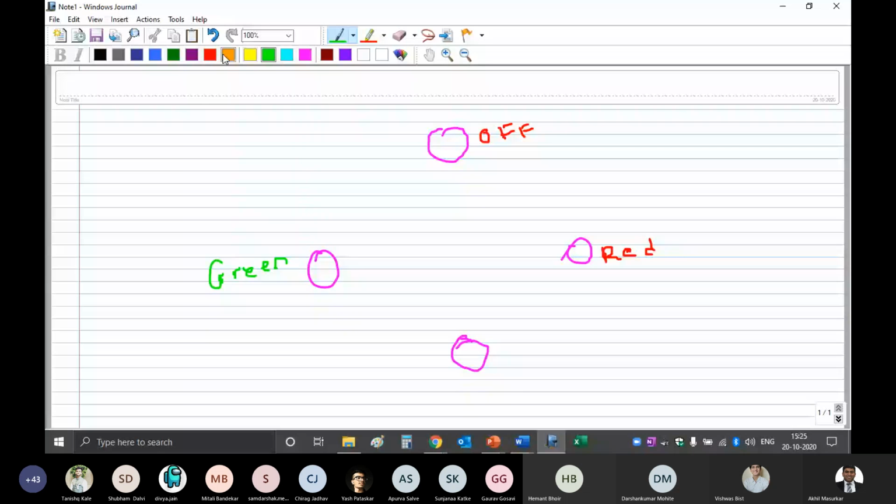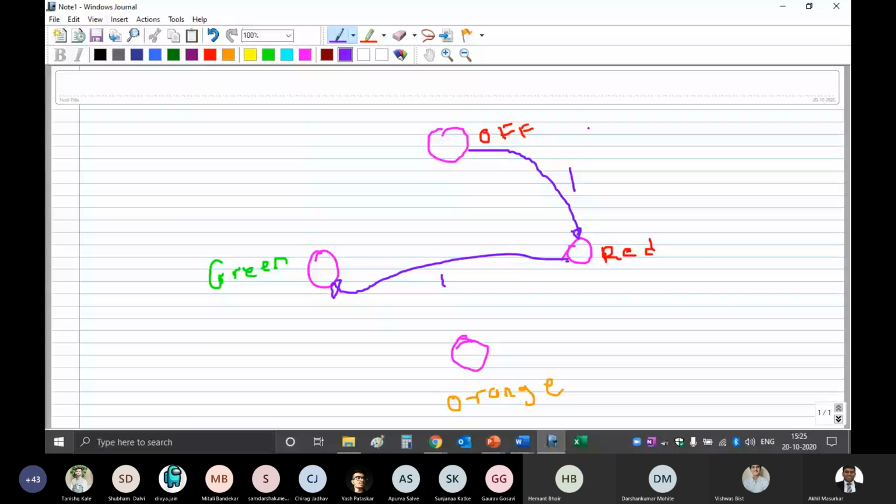So what application am I talking about? I am talking about a traffic light signal. Let's say initially I am in the off state. I trigger, I make the input 0 or 1. So it becomes red. It stays in red for some time, and then it gets a trigger 1, let's say, and it goes to green.